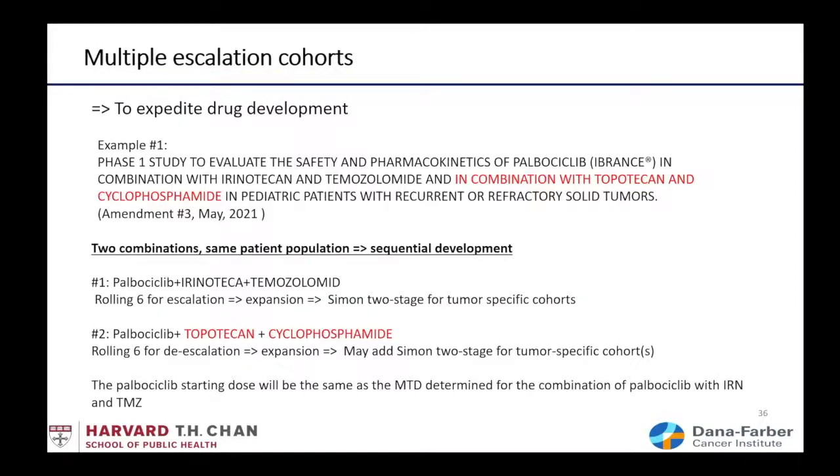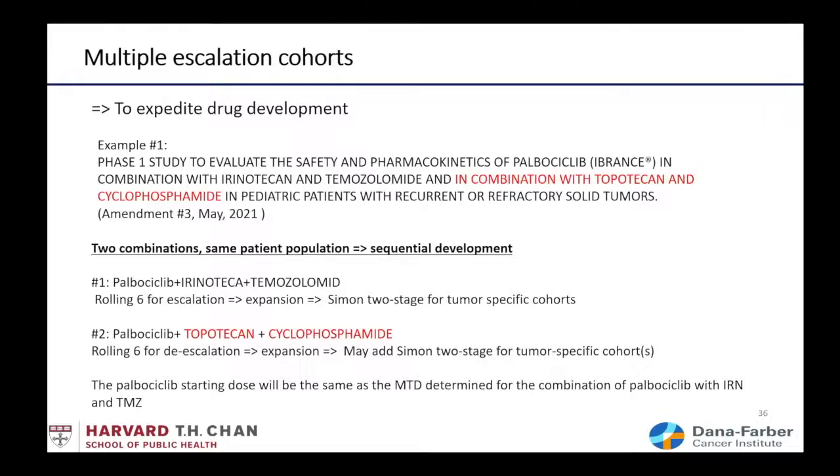When I prepared the training, after talking about multiple expansion cohorts, I recalled that in recent years, when I review protocols and design my own studies, we also use multiple escalation cohorts as well. That means the escalation cohort can be parallel, multiple escalation cohorts. I'll give you 2 examples to illustrate my points.